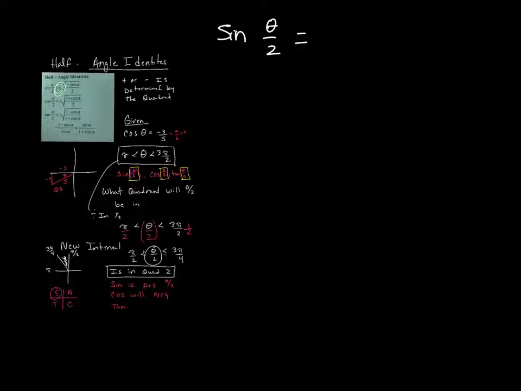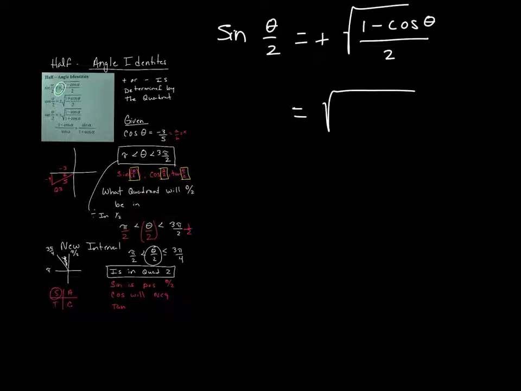As we just said before, that sine is positive, so the formula that I'm going to use for this, I need my positive, the square root of 1 minus the cosine of theta, all over 2.